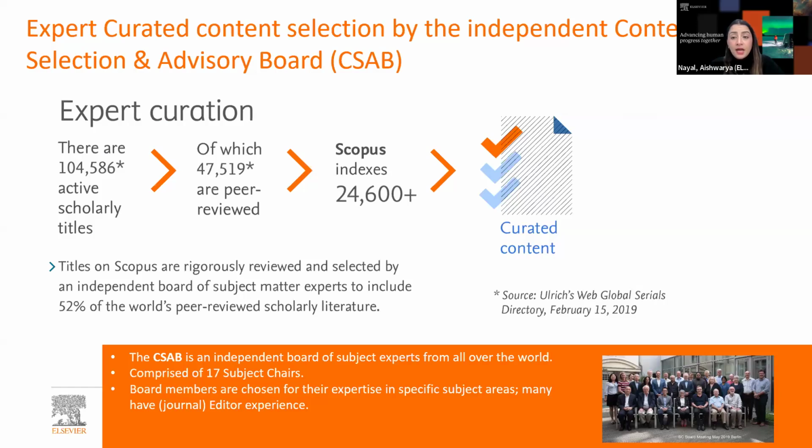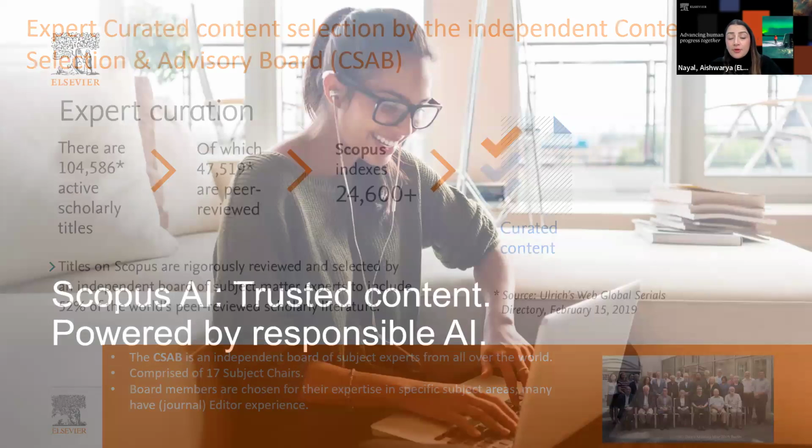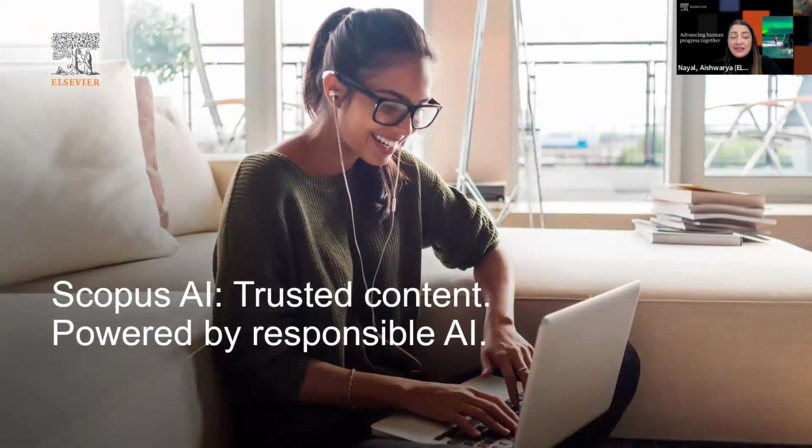Okay. Now, coming to the second important thing, Scopus AI. This is something brand new. It is an AI-enhanced academic research tool that helps researchers navigate unfamiliar academic fields, accelerate content discovery, and support greater multidisciplinary collaboration.